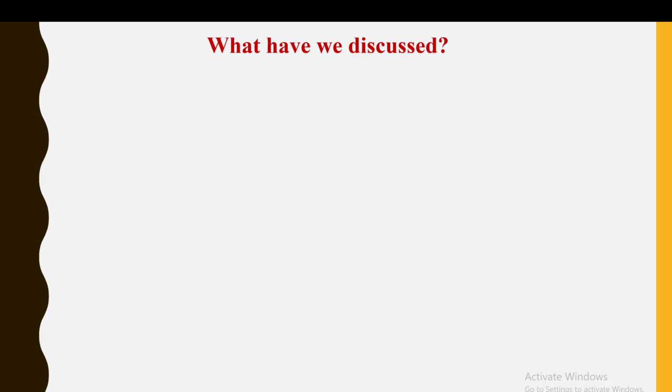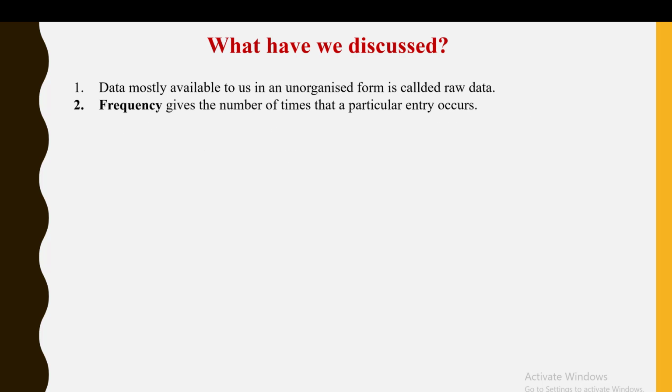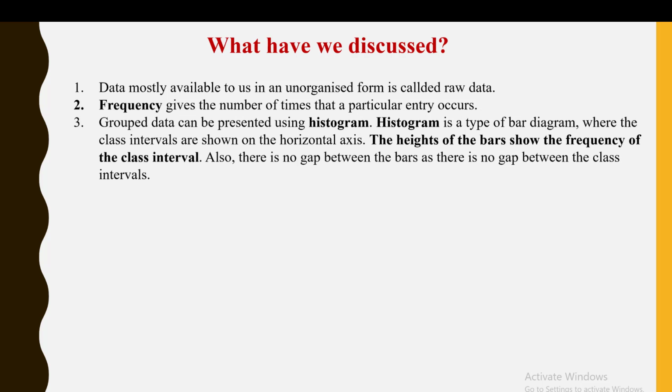What have we discussed? 1. Data mostly available to us in an unorganized form is called raw data. 2. Frequency gives the number of times that a particular entry occurs. 3. Grouped data can be presented using a histogram. A histogram is a type of bar diagram where the class intervals are shown on the horizontal axis.